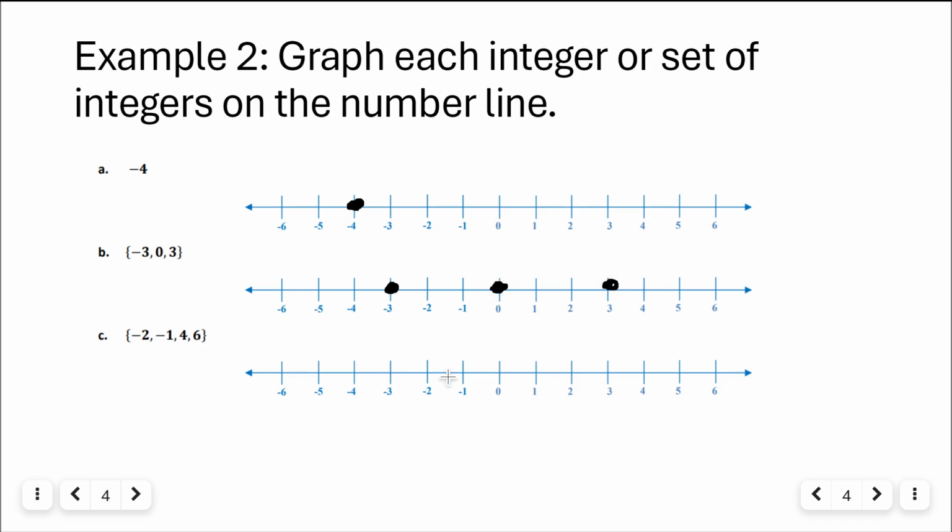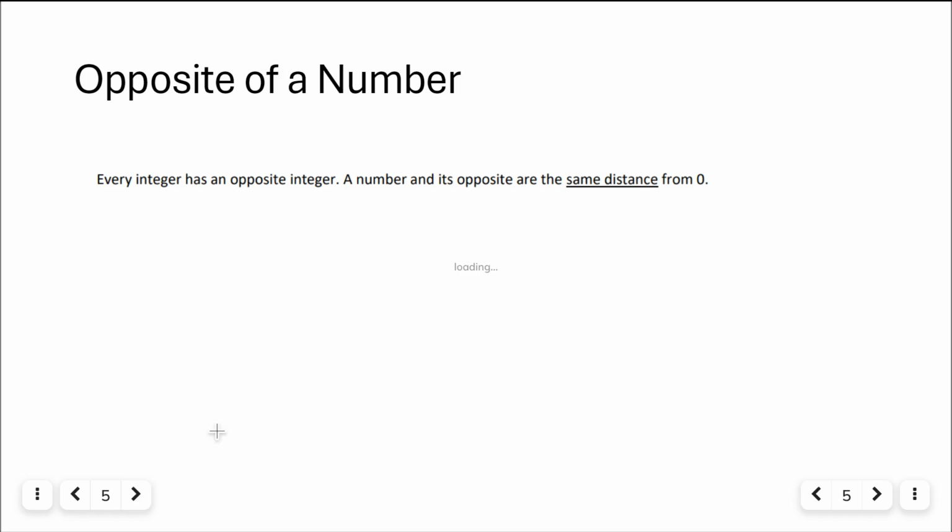Notice the negative 3 and the 3 are both 3 units away from 0 on that number line. That's a key. That's what's going to play a big difference here when we talk about absolute value coming up.